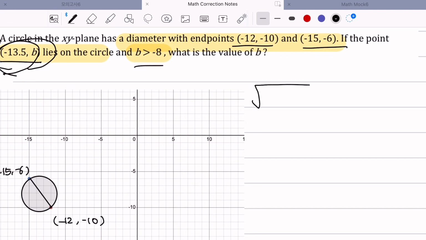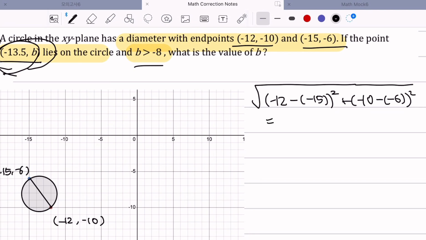So when you find the distance between the two endpoints, the value would be root 25, which is 5, which means the diameter is 5 and the radius is 2.5.